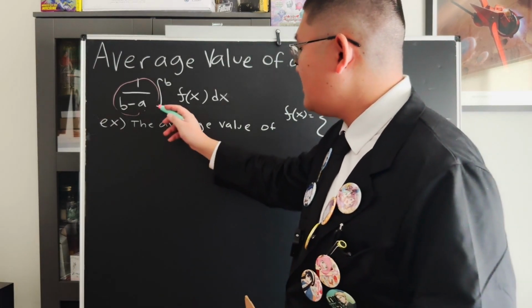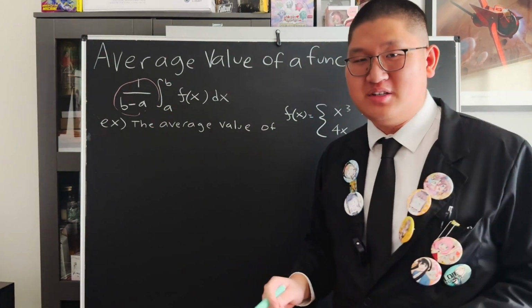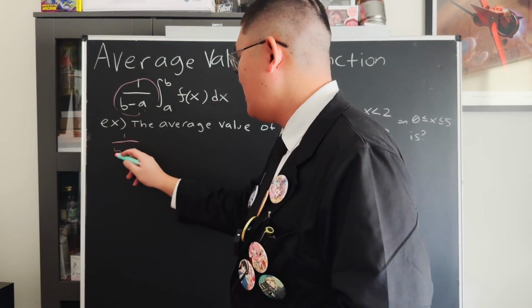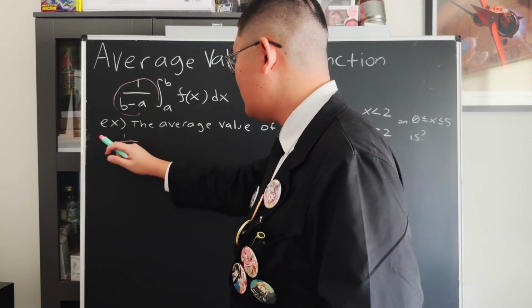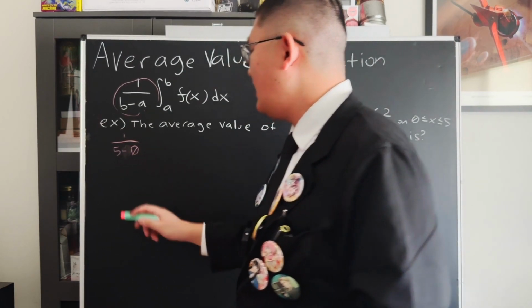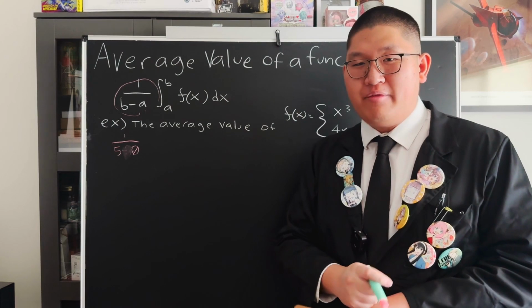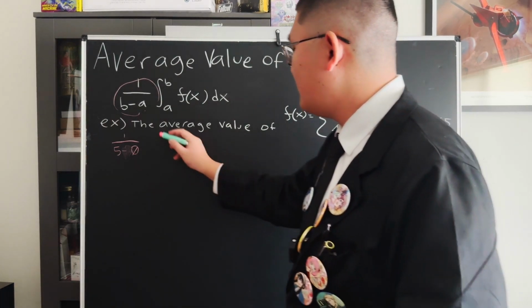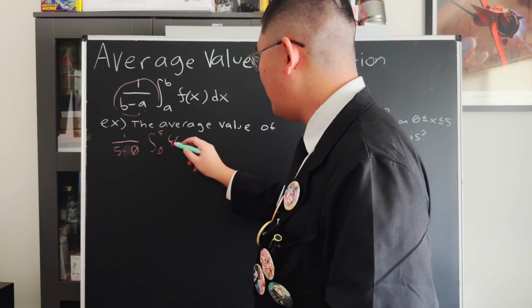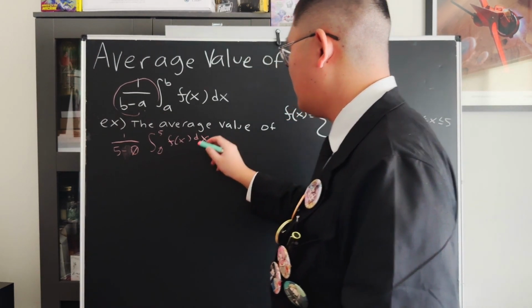So to begin with, we have the limits from 0 to 5, as you can see, right? If we were to go about this, we would go 1 over 5 minus 0 as the new coefficient in front of the integral. And now we have the integral going from 0 to 5 for the function f of x dx.